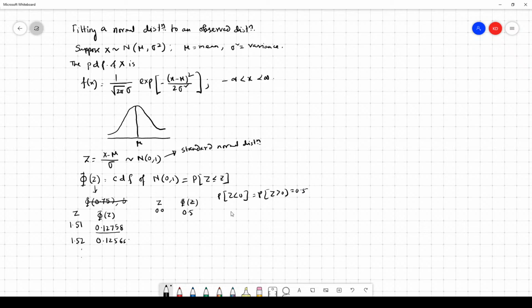And if z is negative, we use this relationship: phi(minus z) equal to 1 minus phi(z). I assume that you know all this regarding the table of the standard normal distribution, the z table.